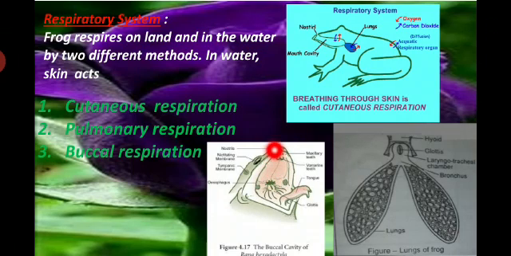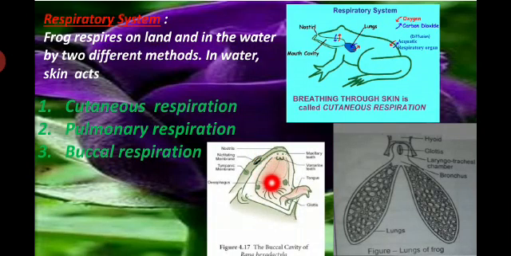So what is this process? When the nostrils are open, the mouth cavity is closed. Okay, so air is drawn into the mouth region. Air comes through the nostril into the mouth, and the mouth remains closed. This type of process we name buccal respiration.